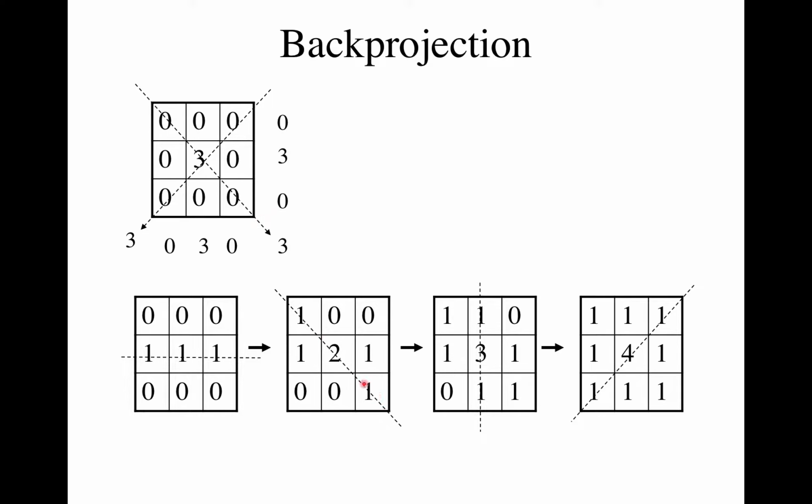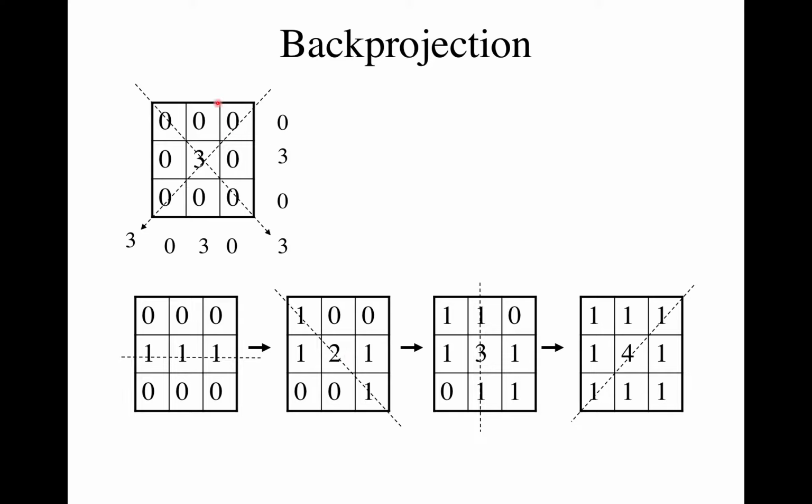And so when I add 1 across this diagonal, I get a new value of 1 here, new value of 1 here, so these were zeros, and then this one moves to 2. Right? So that's from 2 projections, I now have this picture.